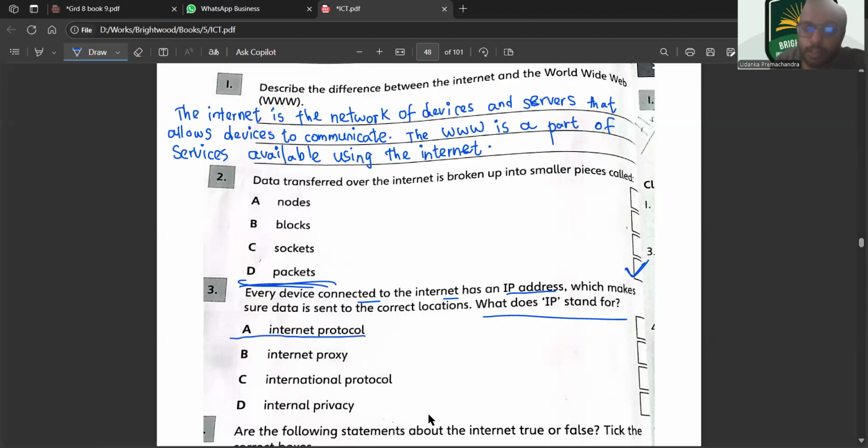IP stands for Internet Protocol. Every device connected to the internet has an IP address, which makes sure data is sent to the correct location. What does IP stand for? IP stands for Internet Protocol.